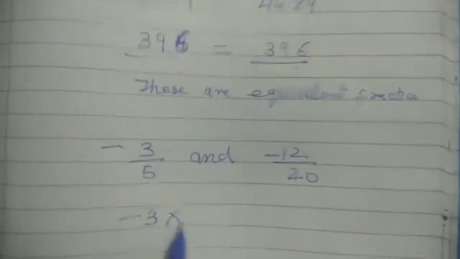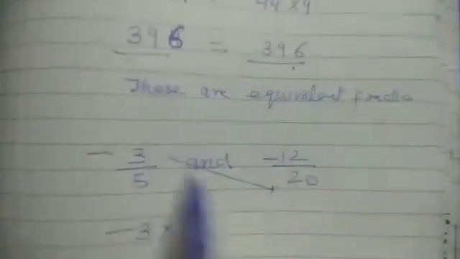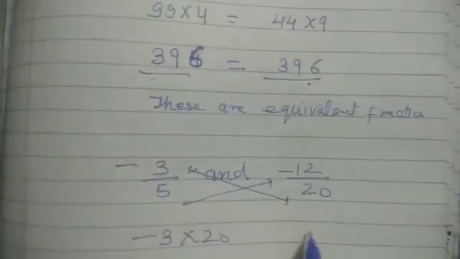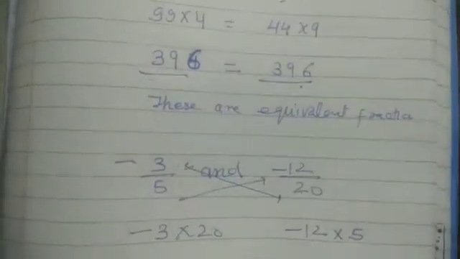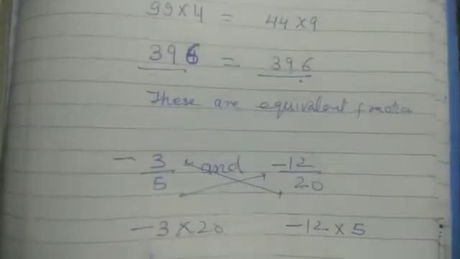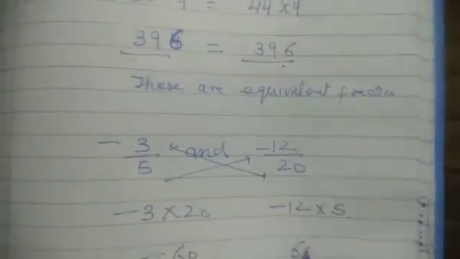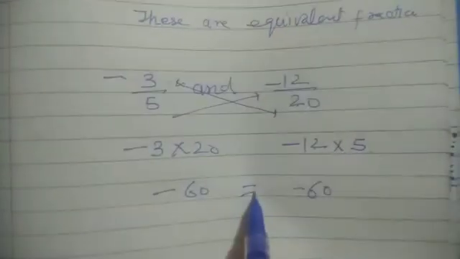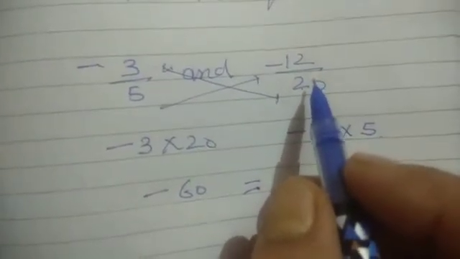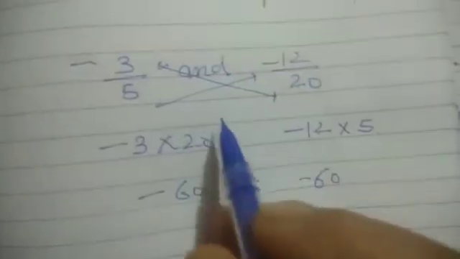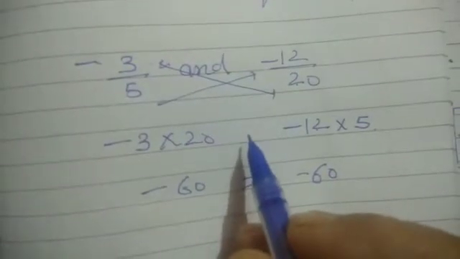Minus 3 into 20 and minus 12 into 5. 3 twenties are 60, plus, minus, minus. 12 fives are 60, minus 60. Both are equal. So it means these are also equivalent fractions. So this is the trick to check whether the fractions are equivalent or not.